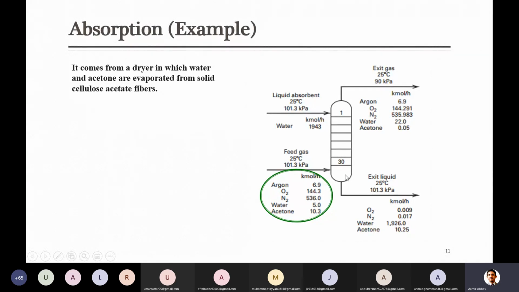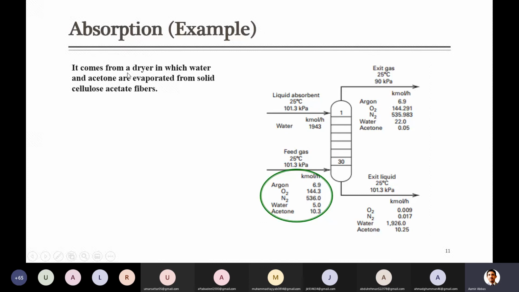This is one absorption column in which 30 trays are installed, numbered 1 to 30. We are starting with this feed gas entering at room temperature and 1 atmospheric pressure, and it contains 5 components: argon, oxygen, nitrogen, which are usually part of the air stream, but there is also water and acetone.